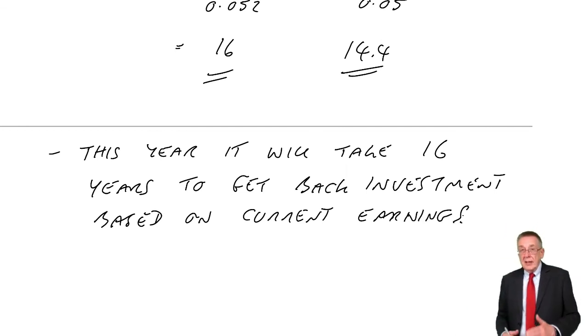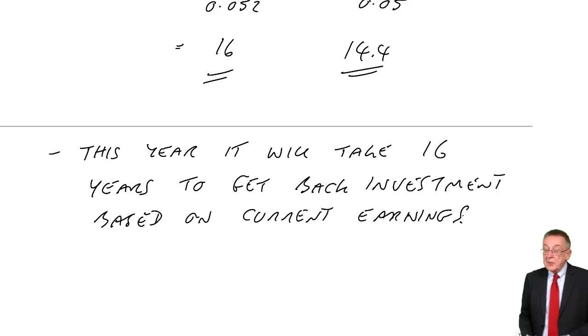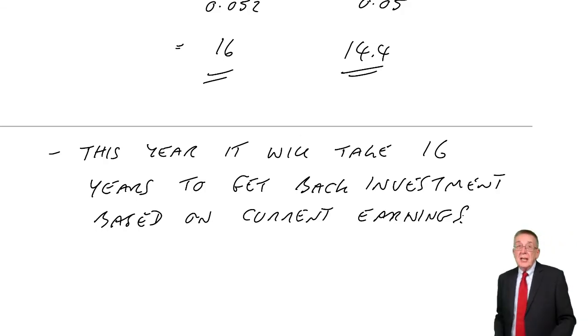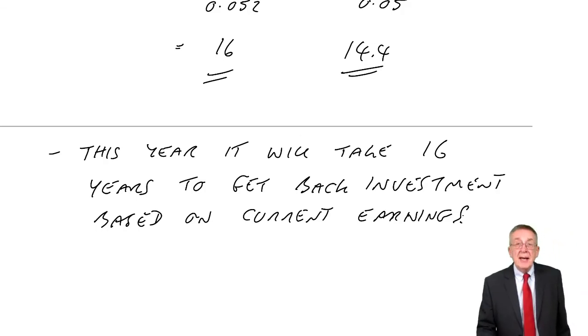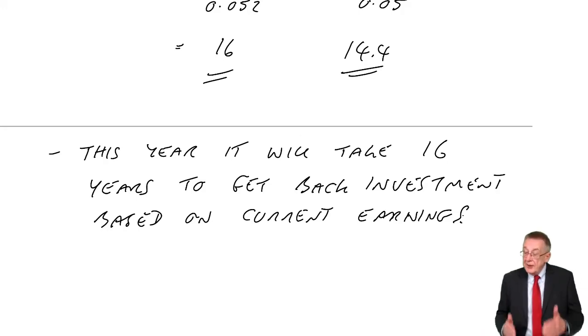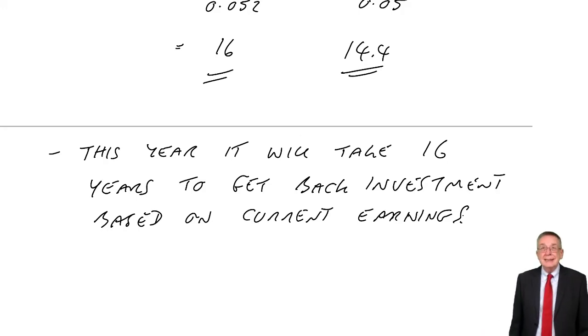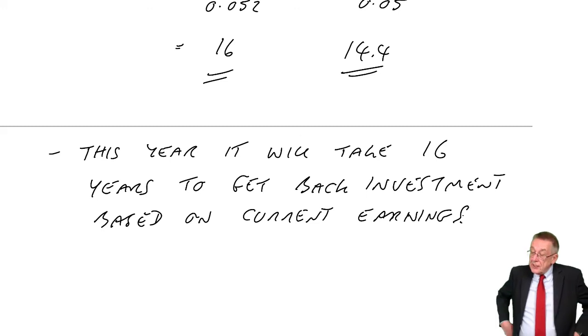It's the market value divided by the current earnings per share. So based on current earnings, anybody buying a share on the stock exchange in this company this year, it would take them 16 years to get the money back.